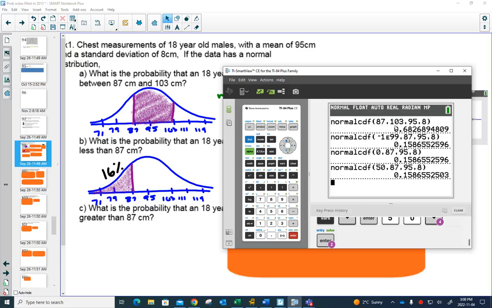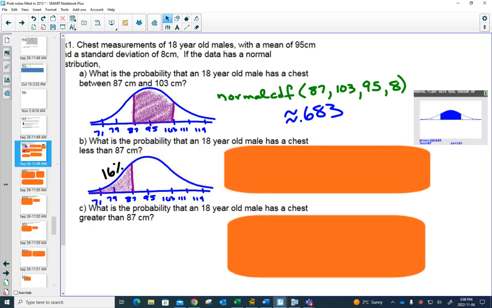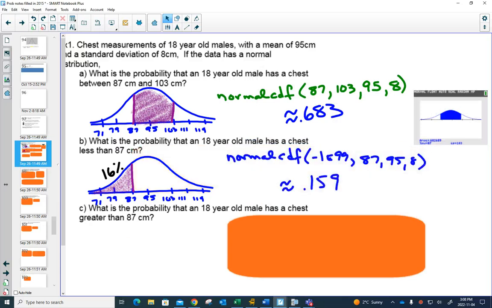But it's hard to say what's possible and what's not, right? I'm pretty sure that there will never be a 20-foot human. You never know, right? Okay. So when we go in a normal distribution, and on this one, when we figured it out, approximately it became 15.9.